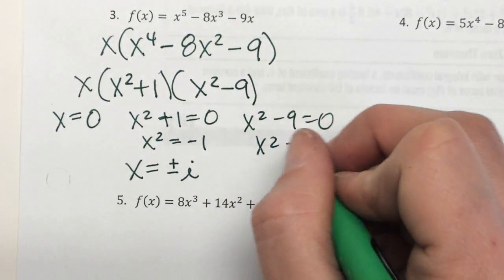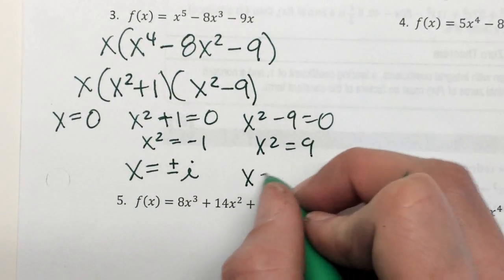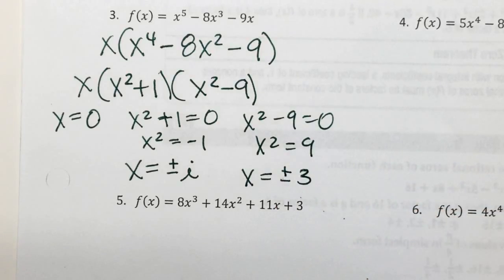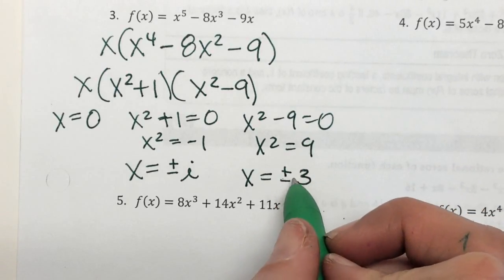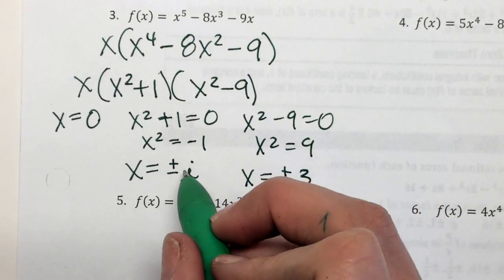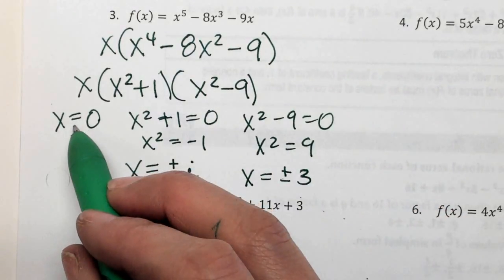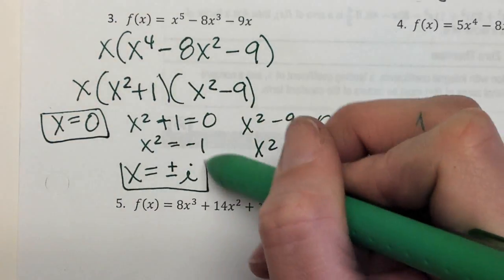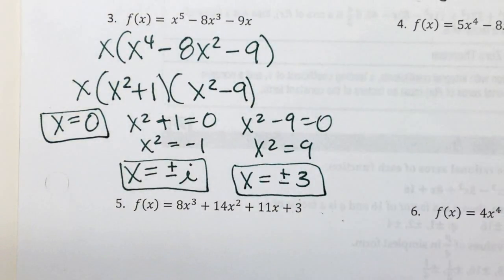Add 9 and good. And let's count our answers. How many here? Here? So 4 and 5. What's our degree? Good. So sometimes you don't even have to graph it. If you can solve it by factoring, that's a lot easier.